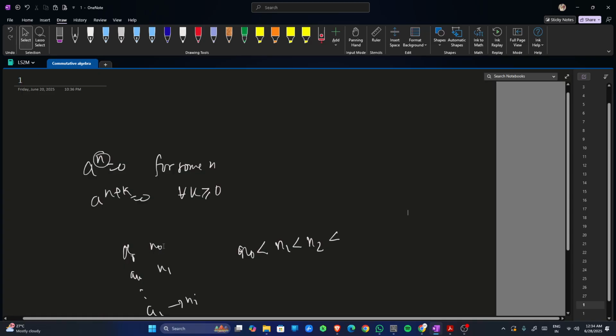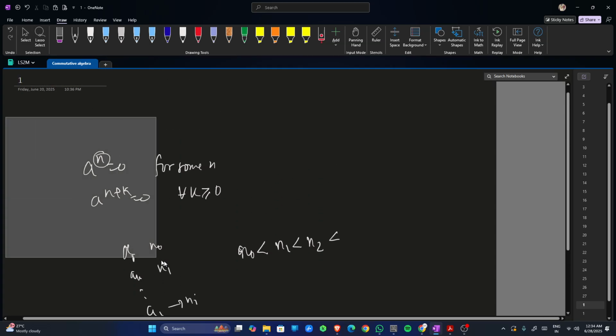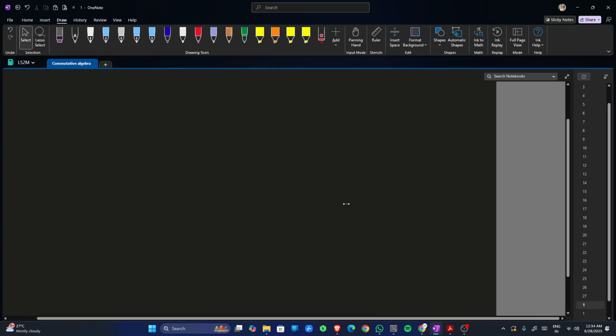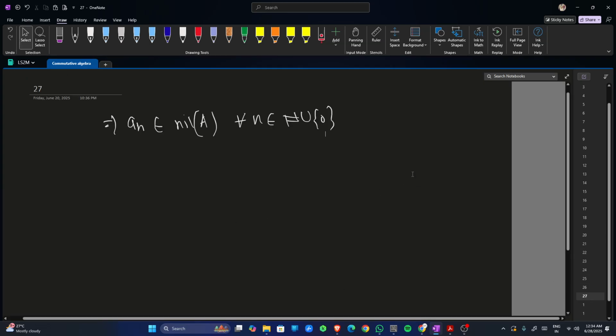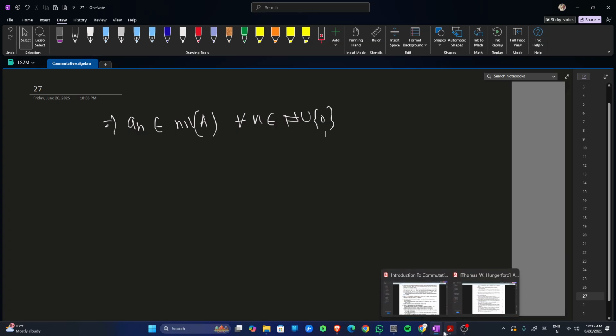Then you can choose n0, n1 increasing, and then you can say that F is not nilpotent in spite of all the coefficients being nilpotent. So that's the idea. I don't have any example right now, so I will give one after some time.